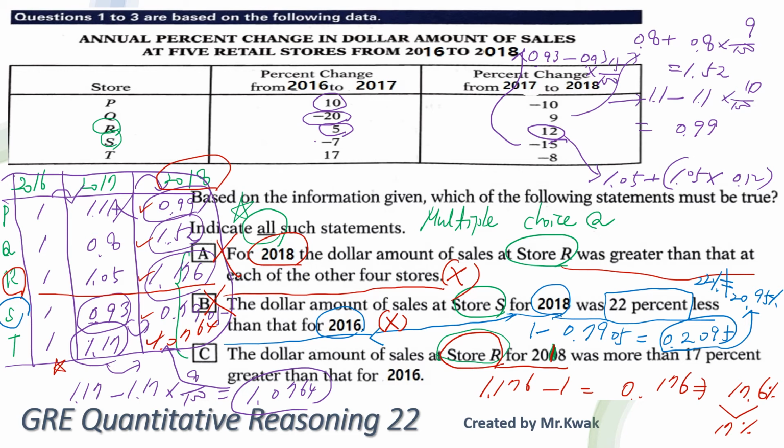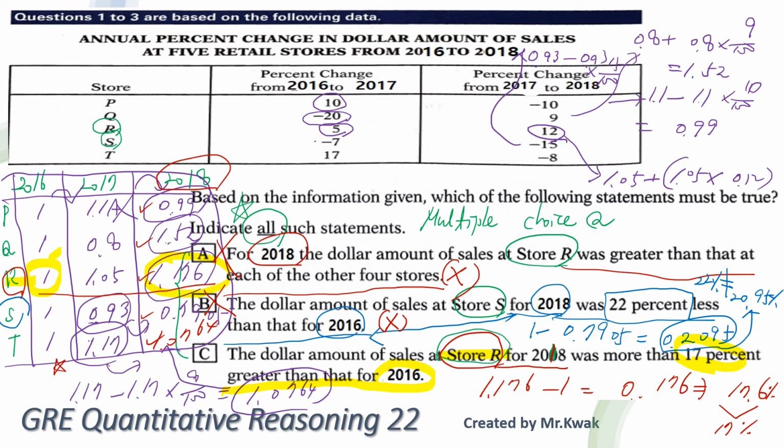Let's read the choice again, so as not to make a mistake. For store R in 2018, the index 1.176 was more than 17% greater than that for 2016, whose number is 1.